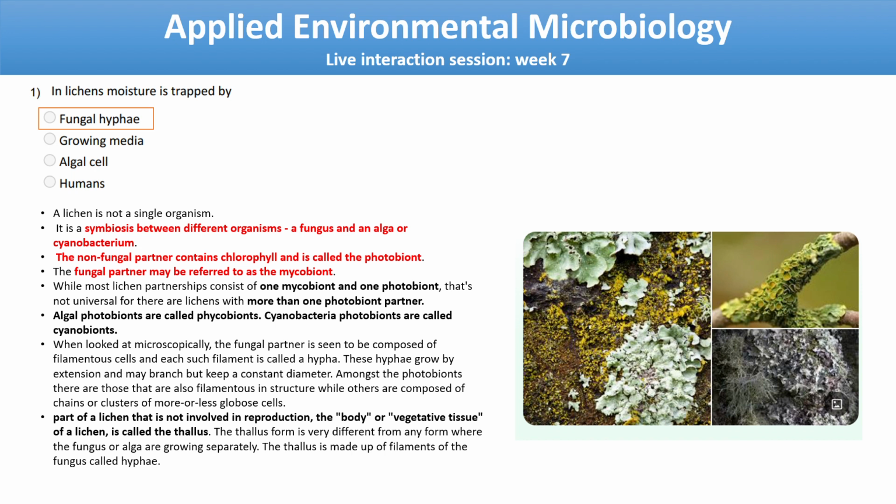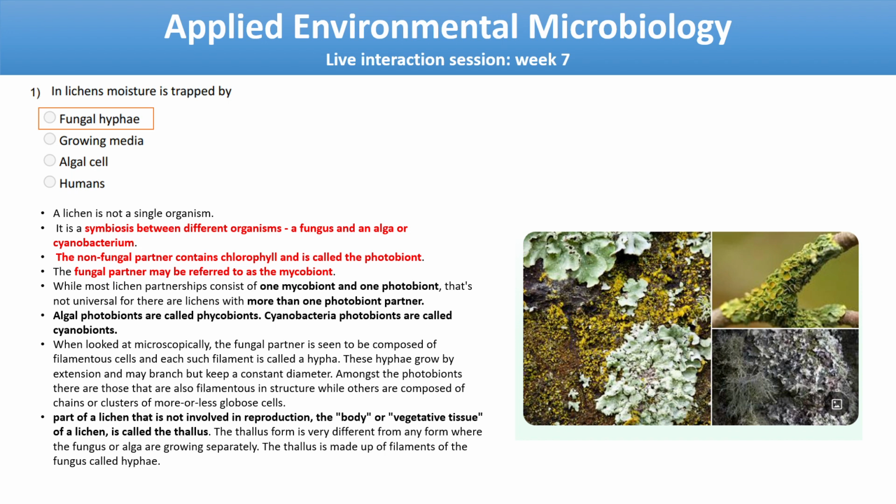Now, these hyphae grow and extend their branches, and they form a structure composed of clusters that look more or less like globose cells. On the other part, there is a part of the lichen which is not involved in reproduction, known as the body or the vegetative tissue of the lichen, and it is called thallus.